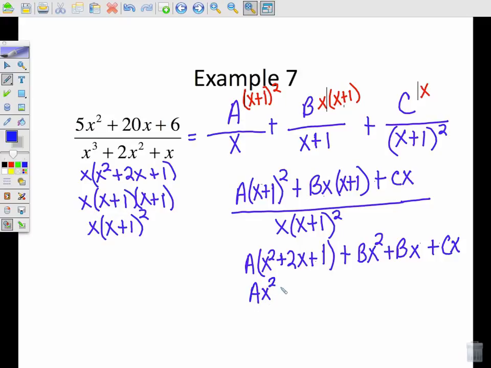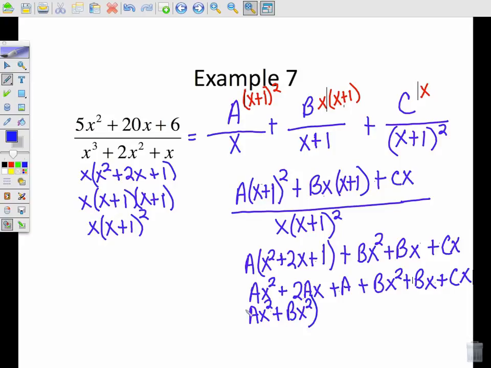I'm going to go ahead and distribute my a: ax squared plus 2ax plus a, and I still have the bx squared plus bx plus cx. You can see here that I am ignoring my denominator. I don't really need the denominator at this point in time. What I want to do now is group all of my x squareds together. So I've got ax squared plus bx squared.